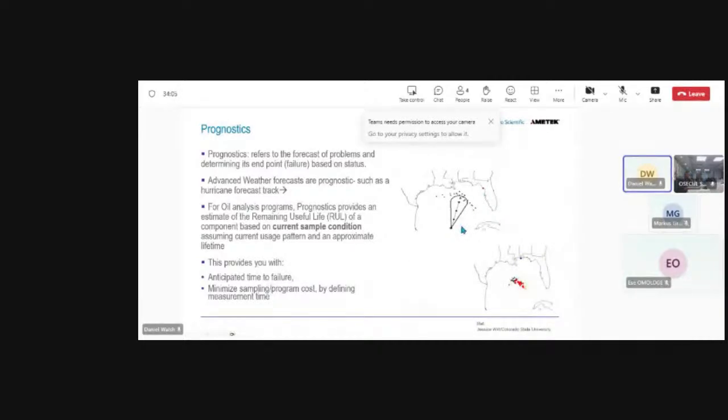Based on where the storm is, they use a computational calculation, and they draw a cone around the trend line of where the storm is. That's known as a cone of uncertainty. What we're saying to you is that this technology can be used for oil analysis to determine when you need to do something.